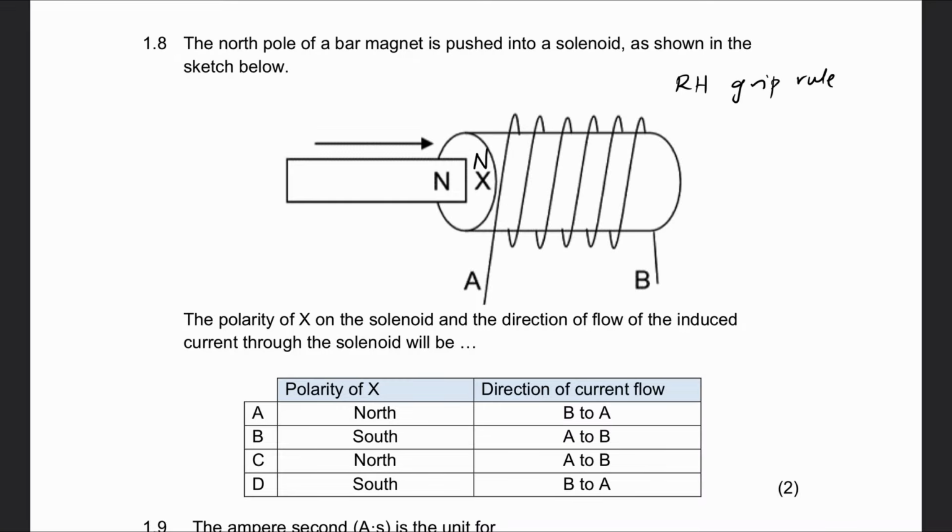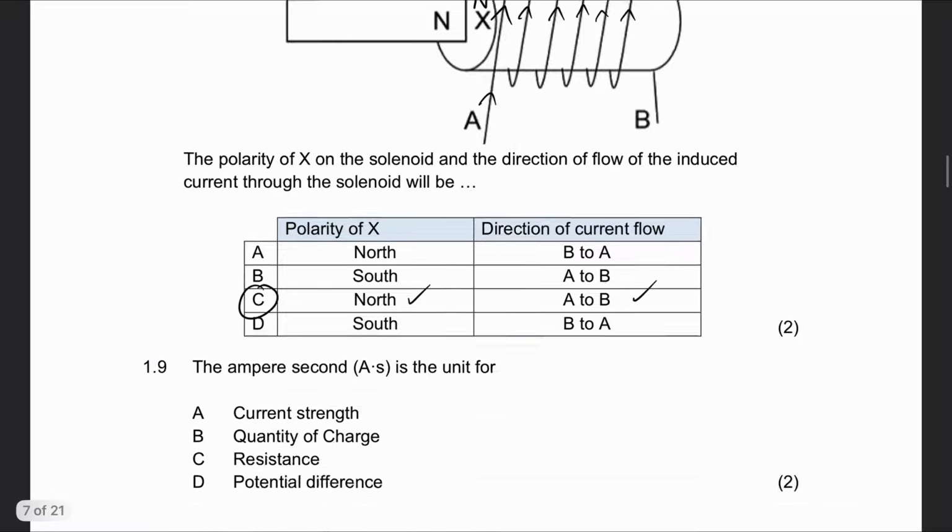So imagine you are holding the solenoid, you're holding this cylindrical object. Your fingers from your right hand are going to be pointing upward here. So that means that the current is going to be moving from A to B. So the answer we're going to choose here, polarity of X is going to be north and direction of current is A to B. The answer is C.